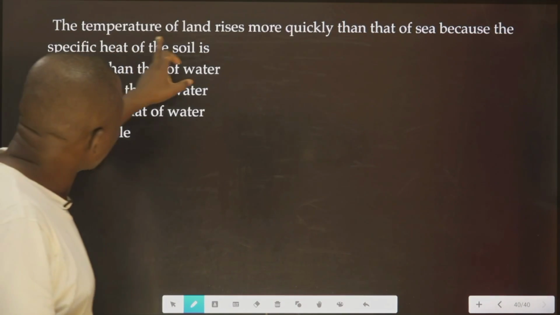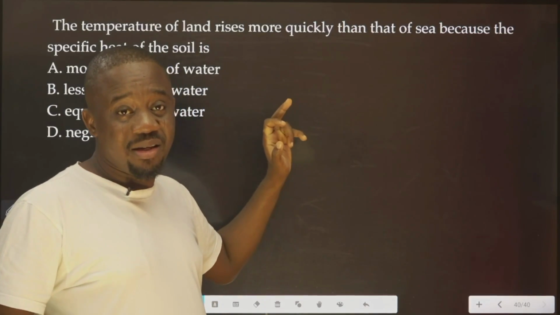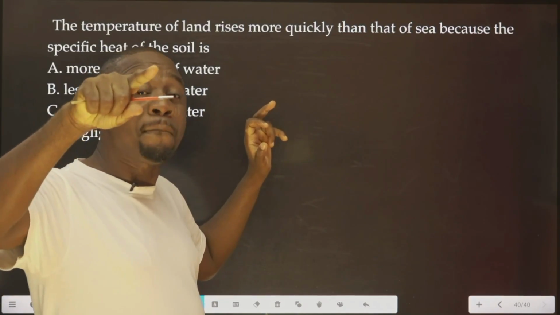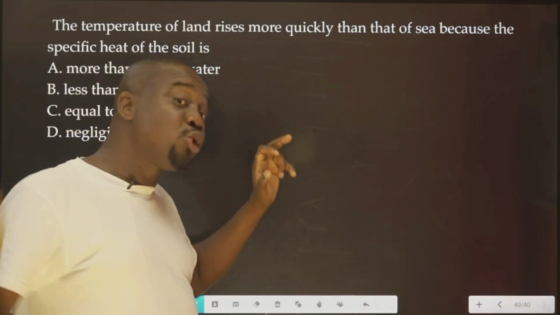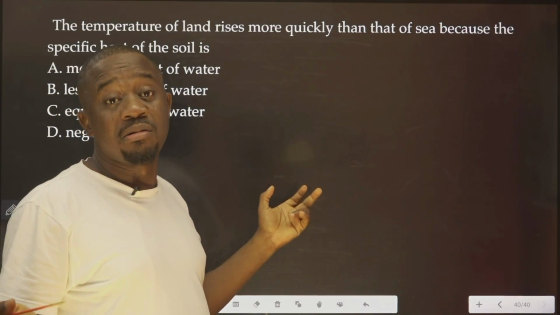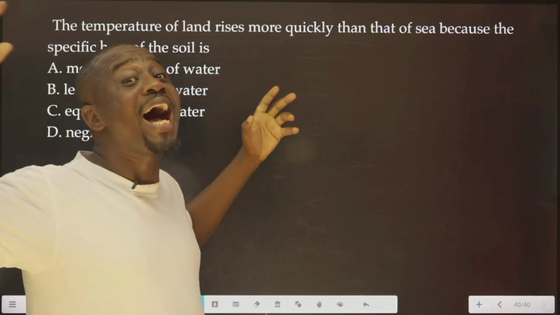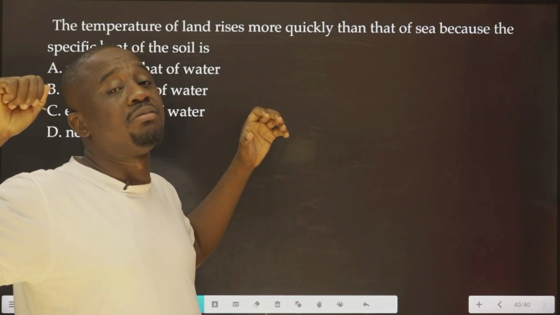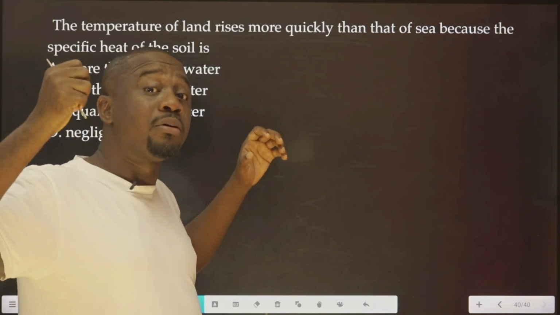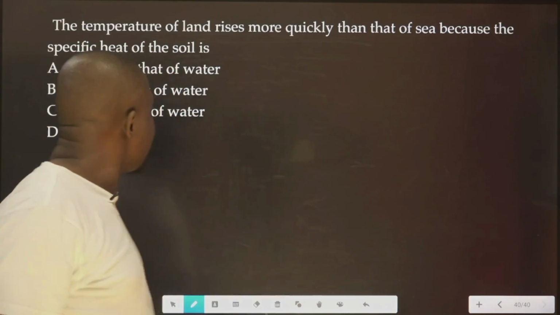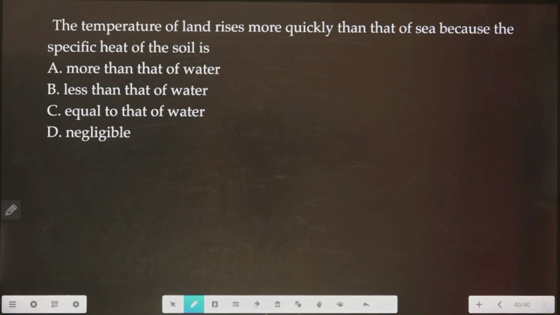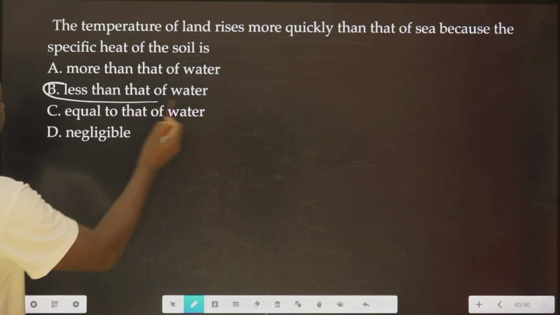If your specific heat capacity is low, it means to heat you up is very easy. But if it is very high, like iron, it means to heat you up requires a lot of heat energy. So the answer is less than that of water.